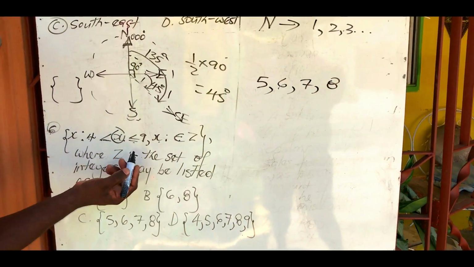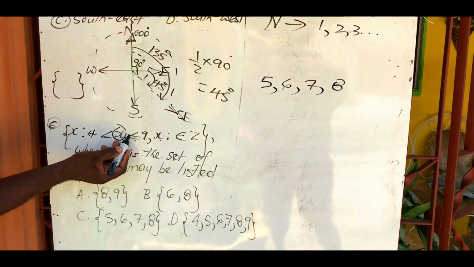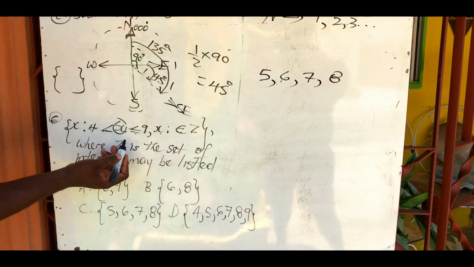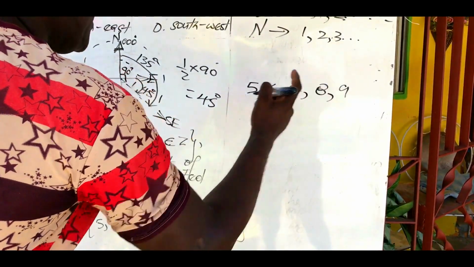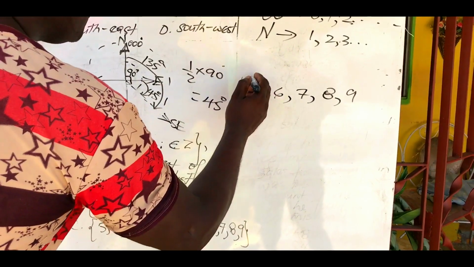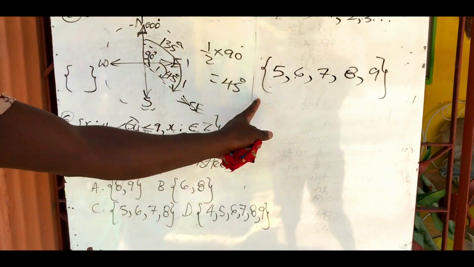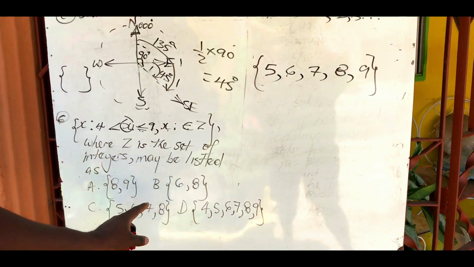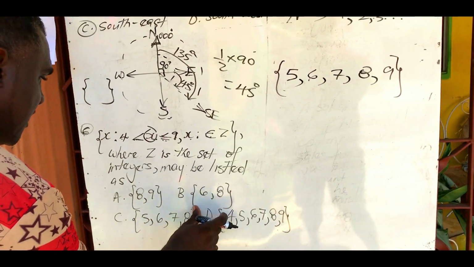Now here what we are seeing is that x must be less than 9, but at the same time it can be equal to 9. So therefore the set can actually go right up to 9. And so we enclose these elements by using our curly brackets. And so we check for our answer, and our answer is 5, 6, 7, 8. Oh, I missed out this one. And 9.